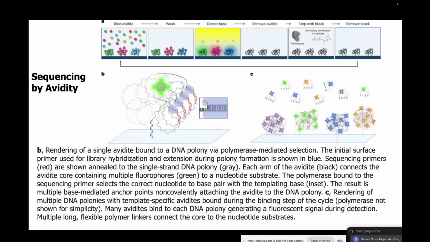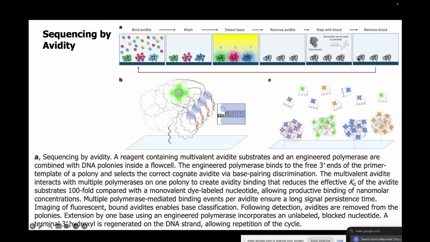So this is actually the first step. You have these avidite molecules, you have the DNA nanoballs or polonies, and each of these avidite molecules will go and bind with this, and each type of avidite molecule will give you a type of base that is getting detected.